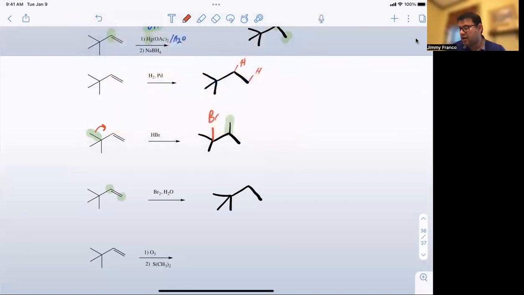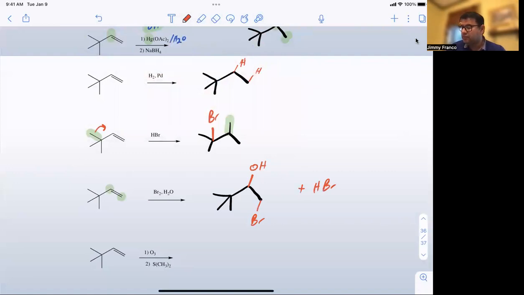The alcohol adds to the more substituted carbon, the bromine adds to the least. Then we get plus HBr to account for the bromine and the hydrogen we lost. They add anti, meaning one's pointing up and one's pointing down.